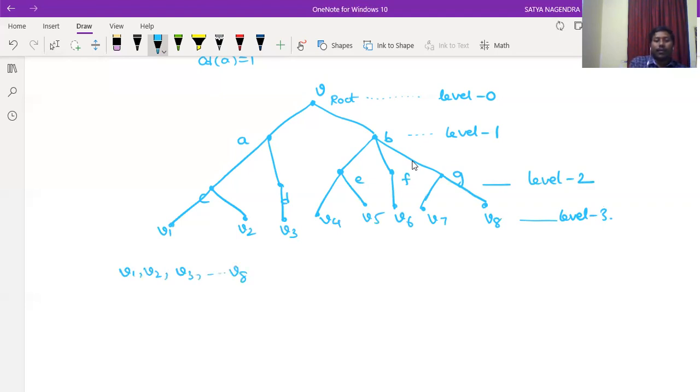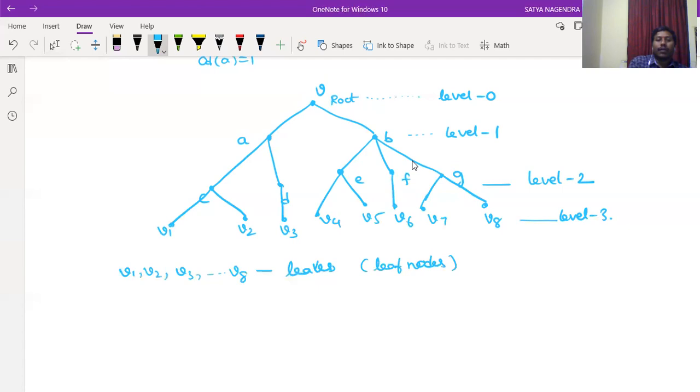What is the out degree of these vertices? Out degrees are zeros and in degrees are 1. If the out degree of a vertex is zero, we call these vertices leaf nodes, the leaves of the tree.